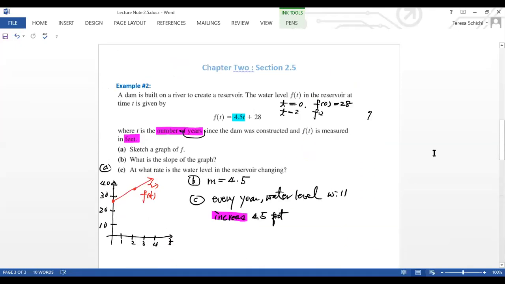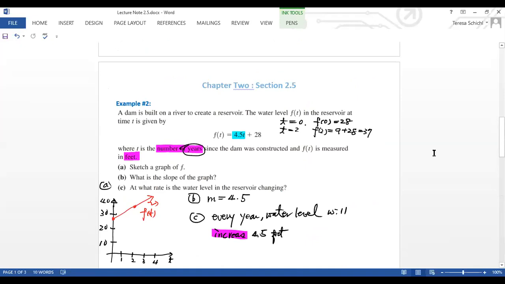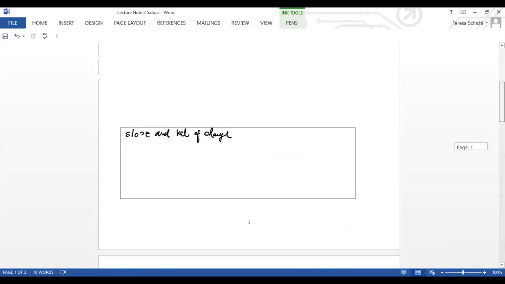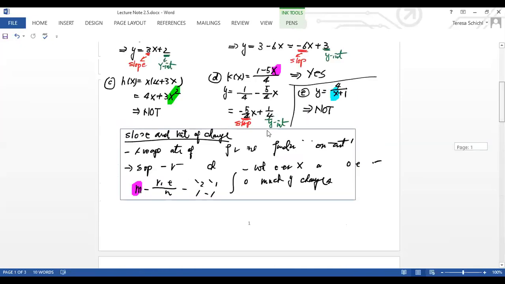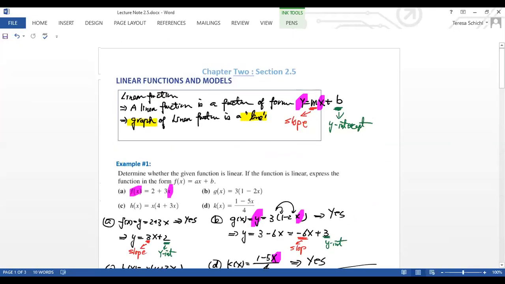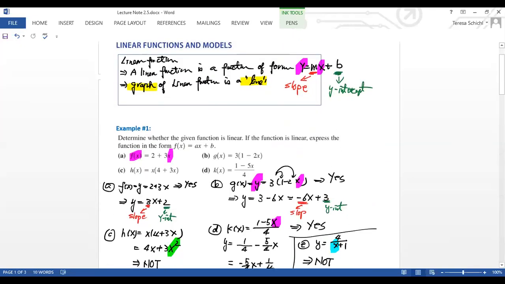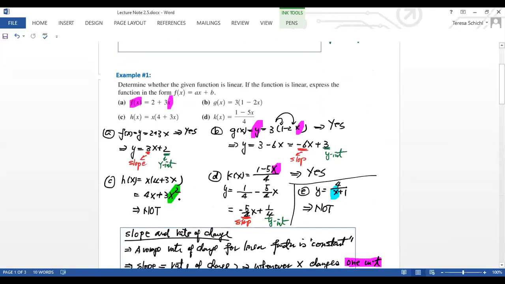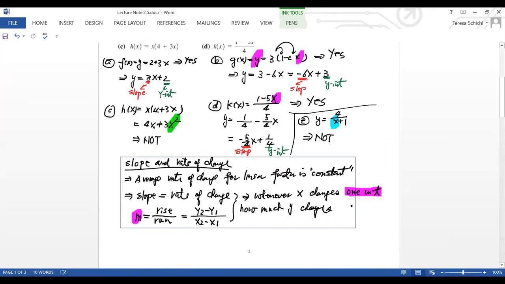It means y and x have to just be themselves. X cannot be in a square root or squared, or have a power. And in a linear function, the slope is the rate of change.